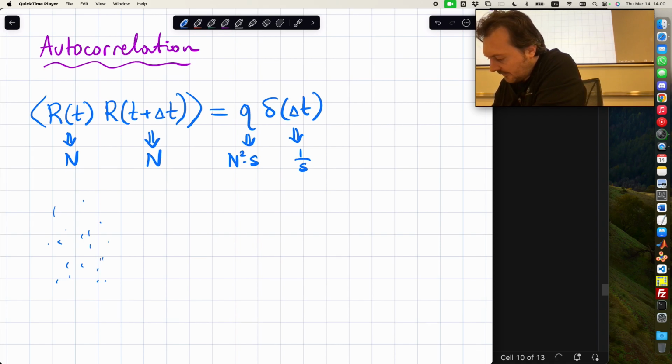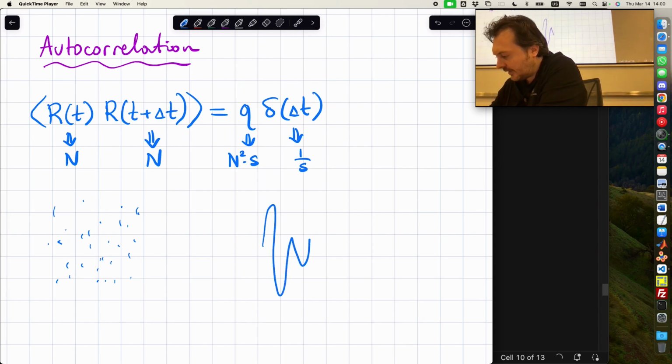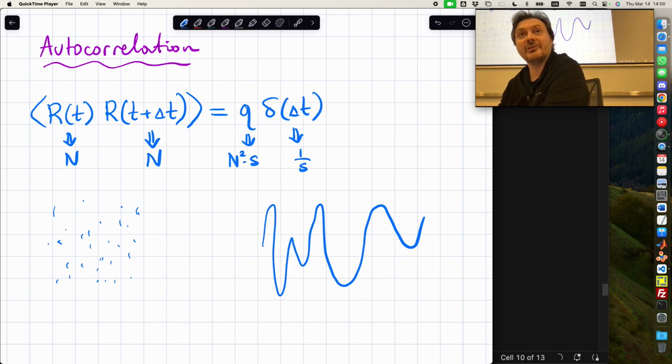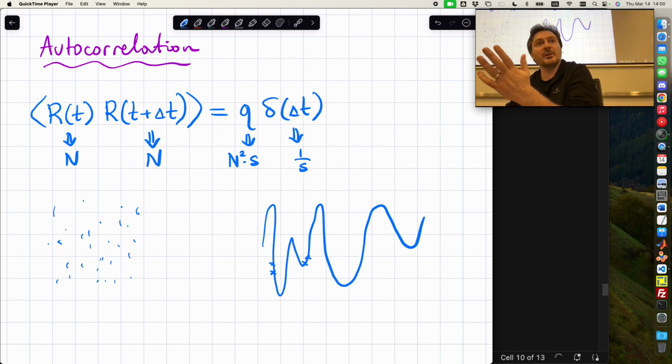I have to write them as dots, because the moment I write it as a function like this, there is a correlation, because this point is next to that point. That's the point of no autocorrelation. No autocorrelation means that this moment and the moment right next to it have nothing in common. That's what this Dirac delta is telling us.